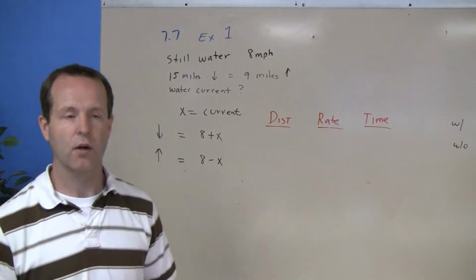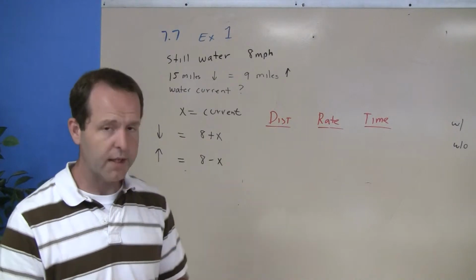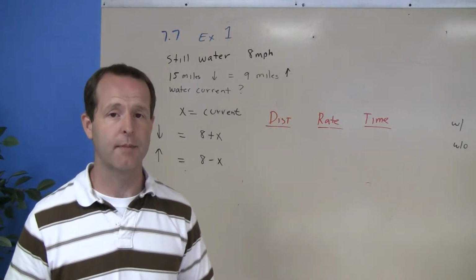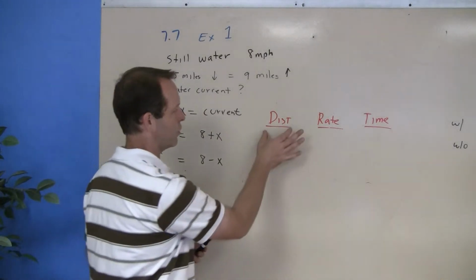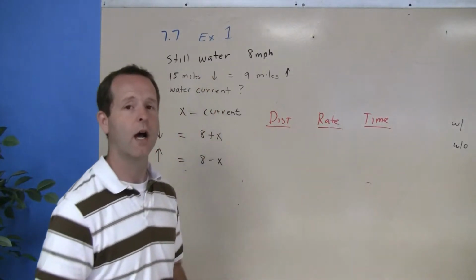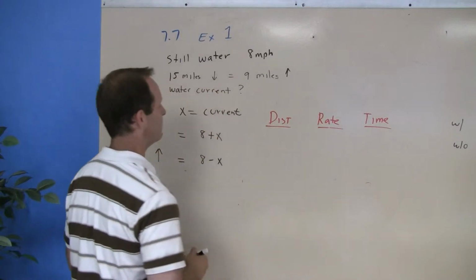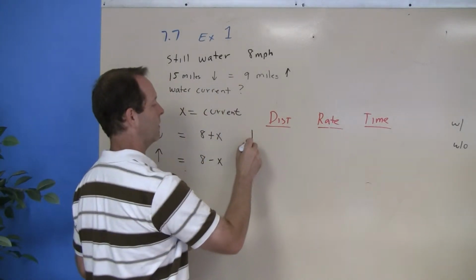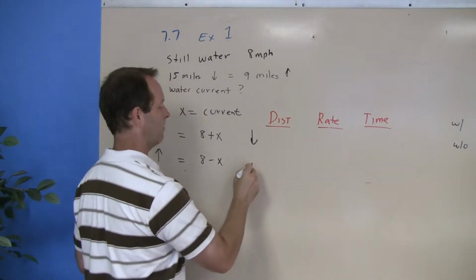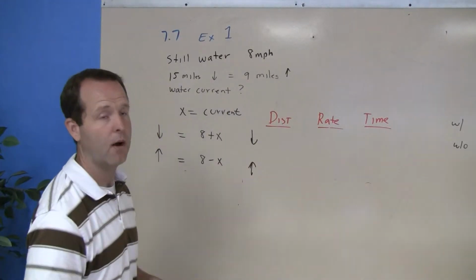The next part of this problem that will be helpful is, if you recognize it was a distance, rate, time problem, what I like to do is draw a table: distance, rate, and time, then start to fill in some of the pieces of information. So let's say I'm going to talk about going downstream and going upstream, or the rate of the boat.